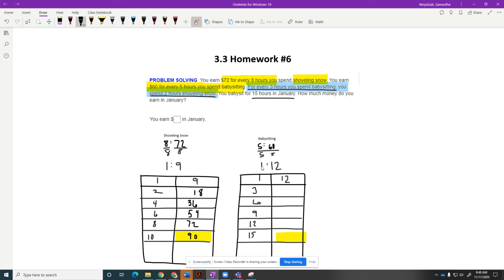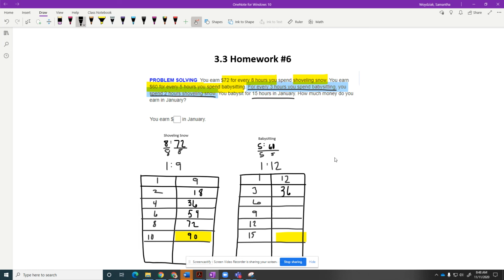For every 1 hour, it's $12, which means for every 3 hours, it'll be 36. And we can go ahead and fill out this whole thing. But if we want to take a shortcut and use our logic to solve this: if 1 hour of babysitting is $12, then to get 15 hours of babysitting, we would multiply by 12.